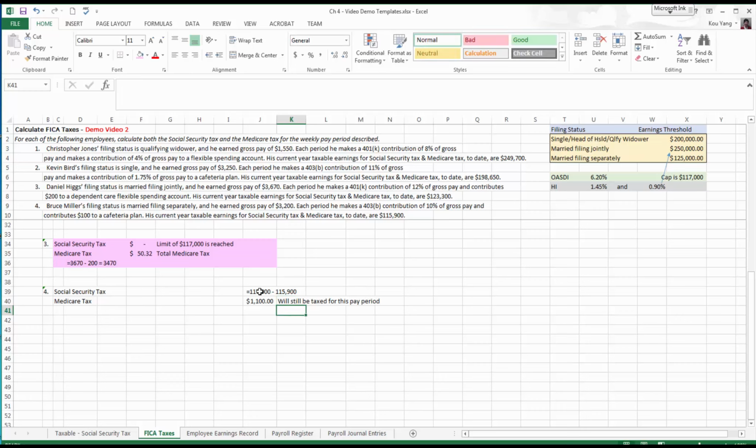All right, so far for Bruce Miller, he will still be taxed on $1,100 under Social Security. So I'm going to go ahead and take 1,100 times the 6.2%. So his total OASDI, or Social Security tax, would be $68.20.